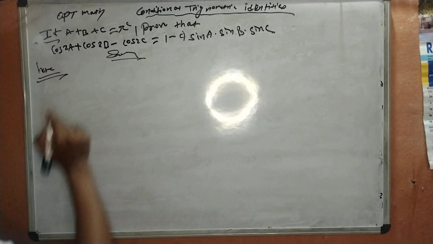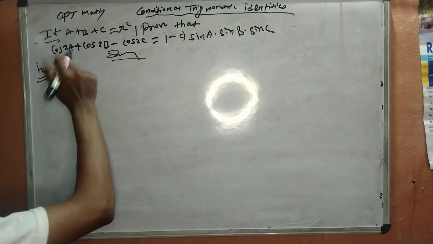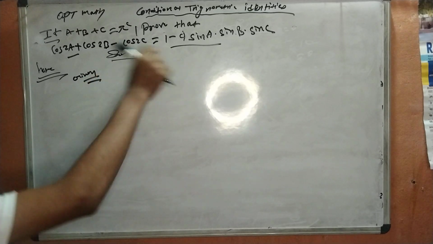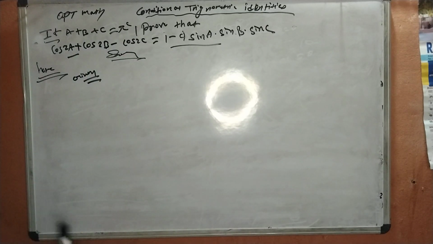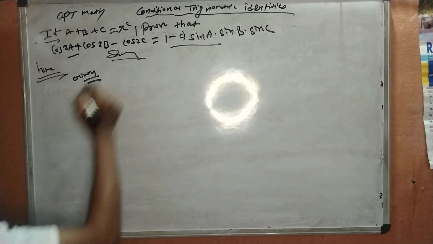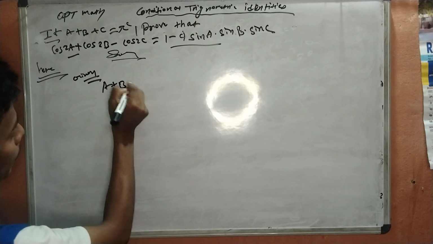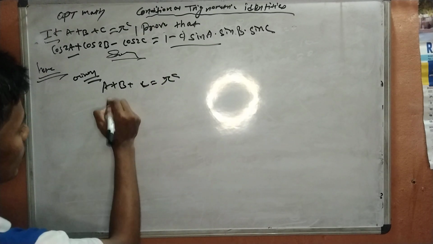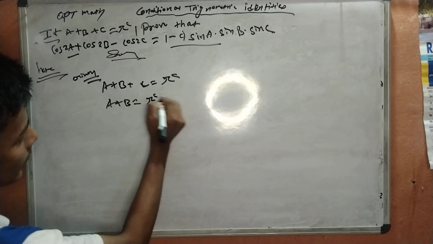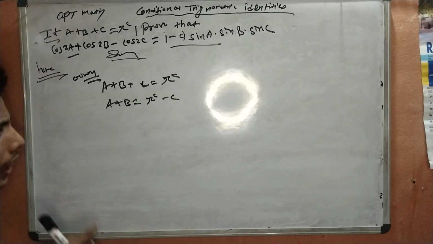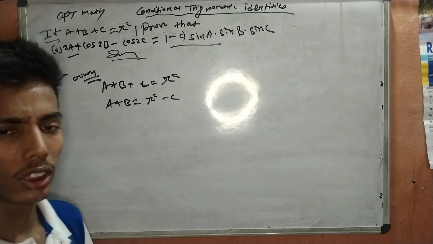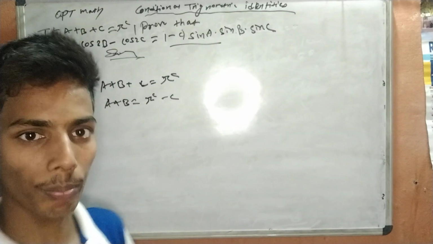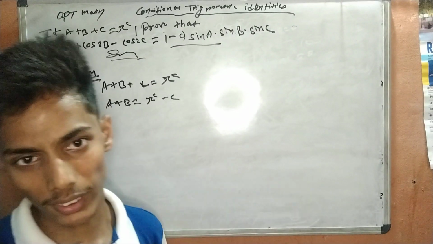You can write the question first, but I am not writing it here; I will just prove it. Since A plus B plus C is equal to pi radian, we take A plus B equals pi radian minus C. You may wonder, can I take B or A on the right hand side?